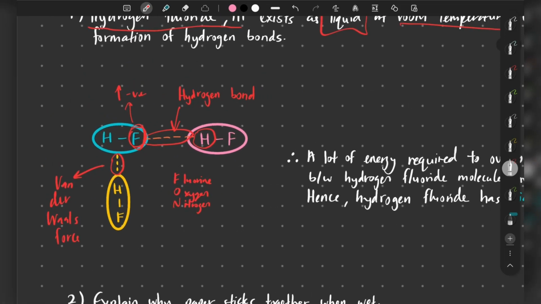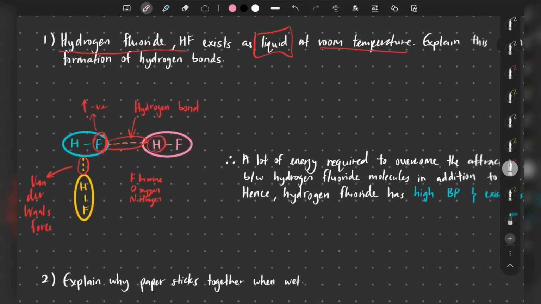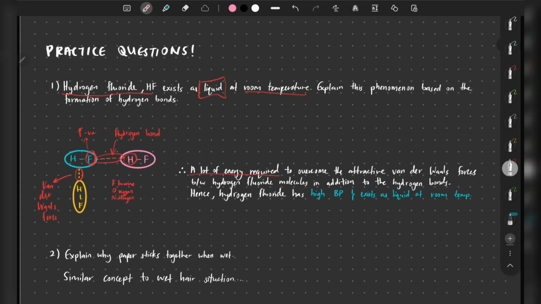So just to repeat what I've explained earlier, a lot of energy is required to overcome the attractive van der Waals force between hydrogen fluoride molecules, and then in addition to the hydrogen bonds. It means that a lot of heat energy is required to overcome van der Waals force and hydrogen bonds.